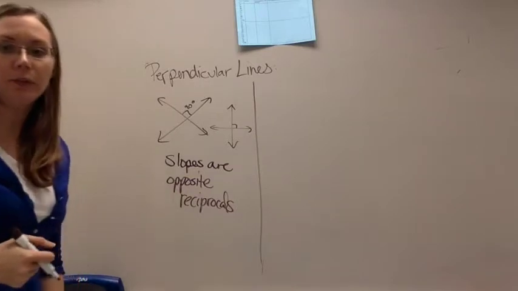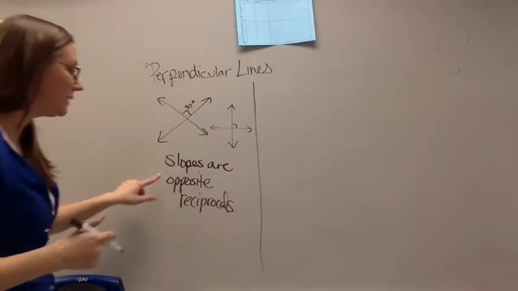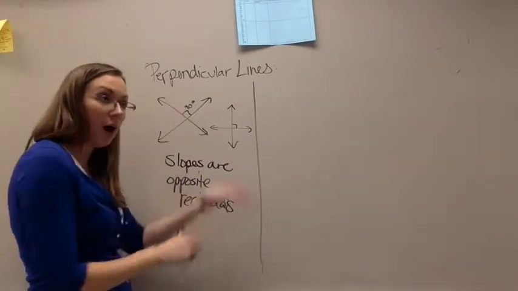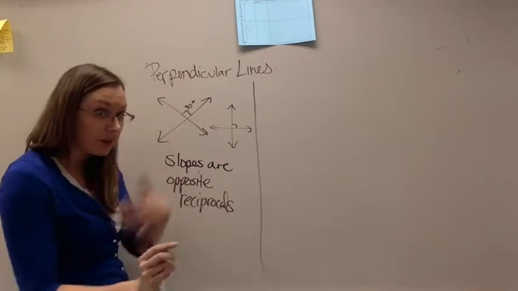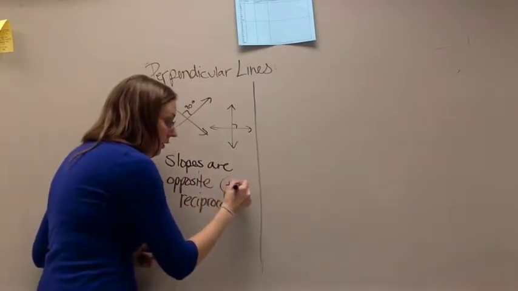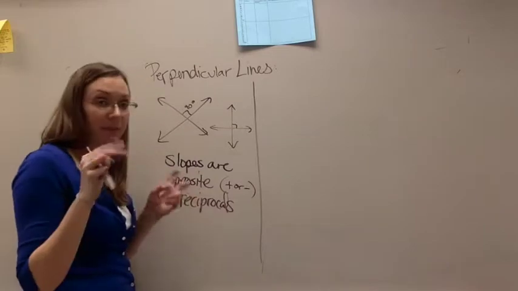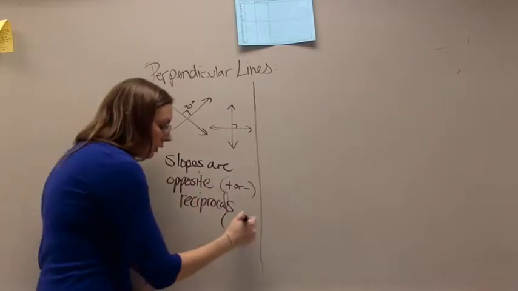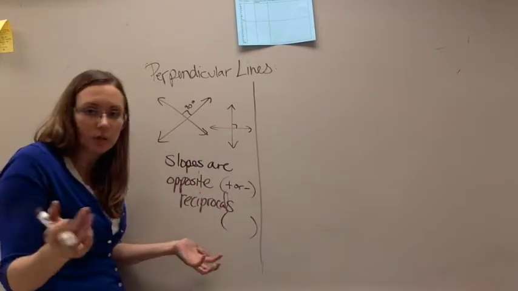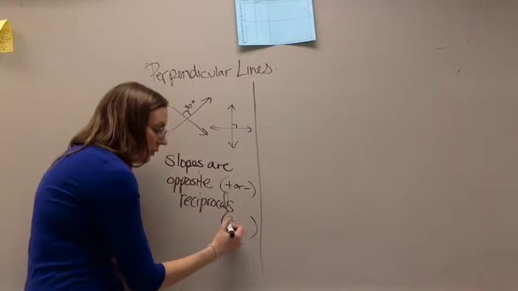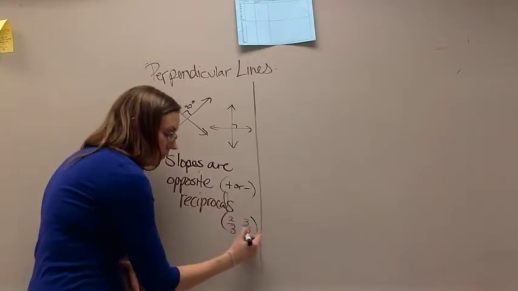Opposite reciprocals. What that means is opposite: if it's positive, it's negative. If it was negative, it becomes positive. That's how we define opposites. And then reciprocals, you guys should know this. This is fraction stuff, right? Reciprocal means you flipped it. If it was 2/3, it's 3/2.